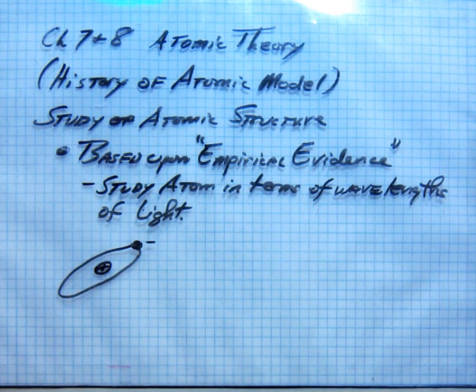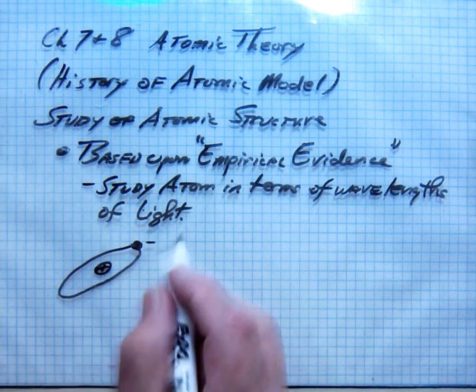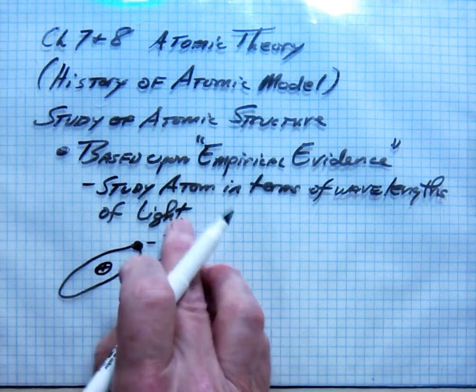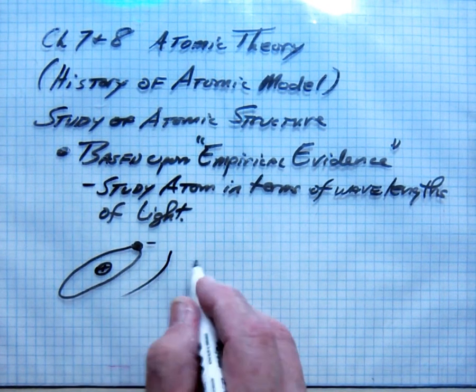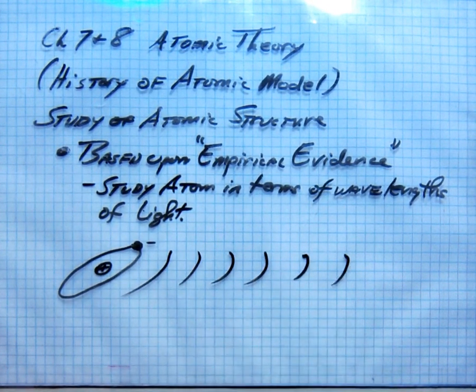You have to believe that there are other levels. As a matter of fact, this atom actually has, let me see if I can draw this where it looks fairly decent, the first level, second, third, fourth, fifth, sixth, and seventh. We've done this little diagram before.